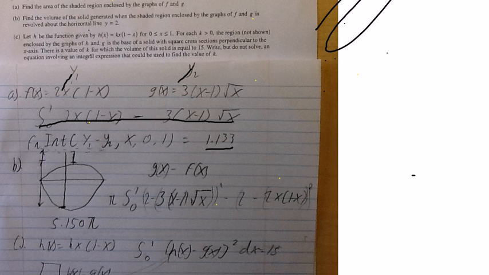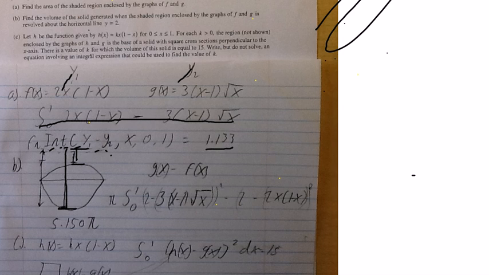All right, and then B is asking, find the volume of the solid generated when the shaded region enclosed by the graphs of f and g is revolved about the horizontal line y equals 2. So I drew my graph right here with the horizontal line at 2, and since you want to find your outer and your inner, you draw your section, you draw your lines. So instead of it being f of x minus g of x, it's g of x minus f of x.